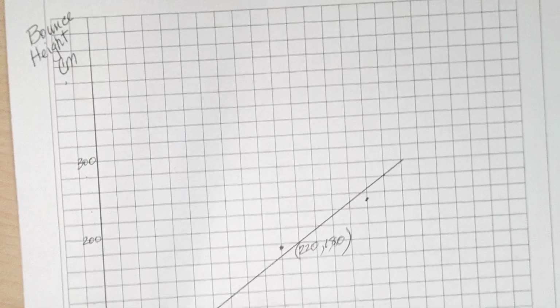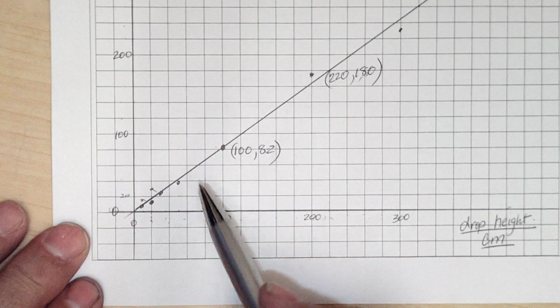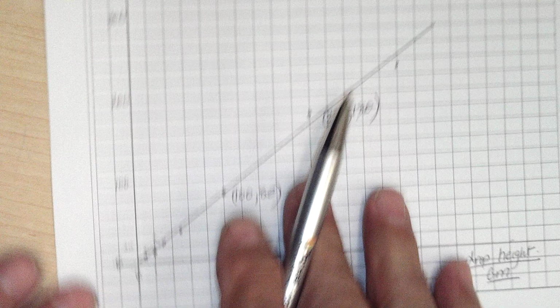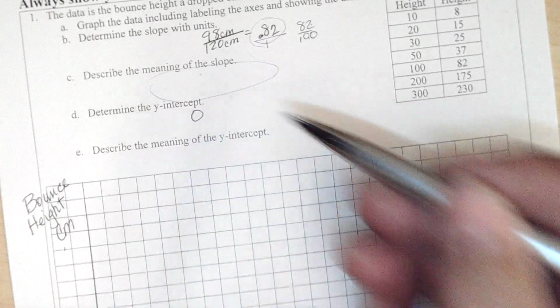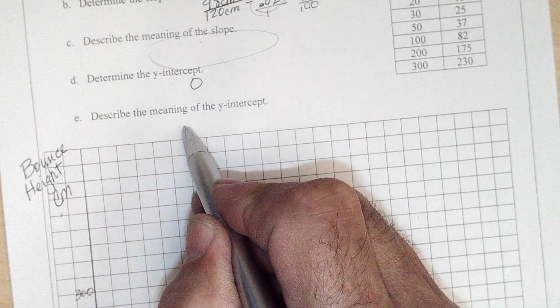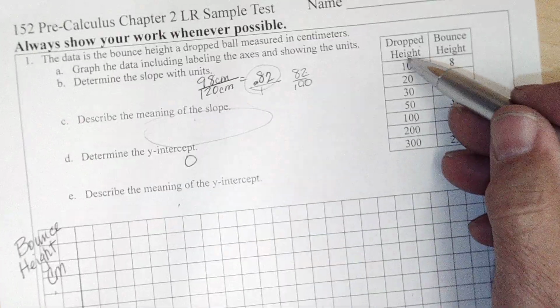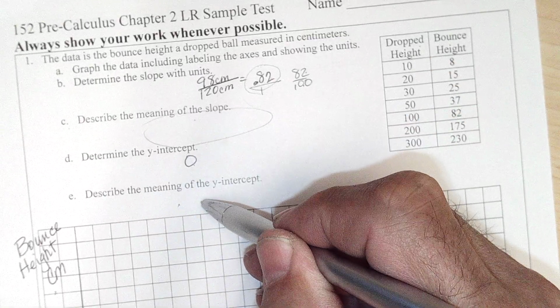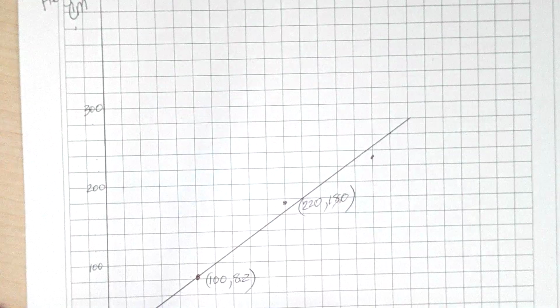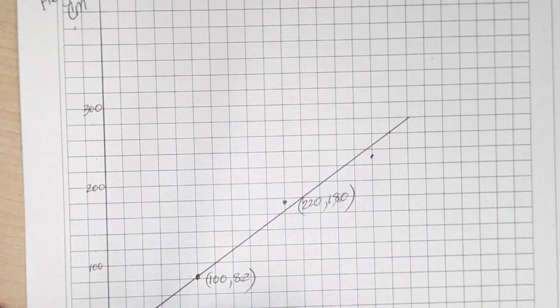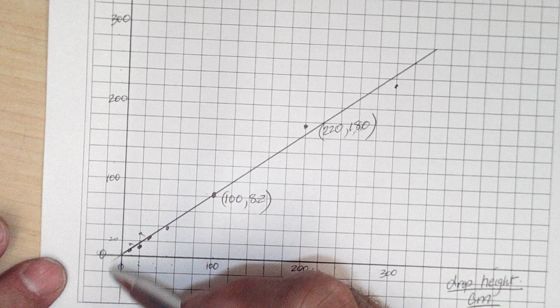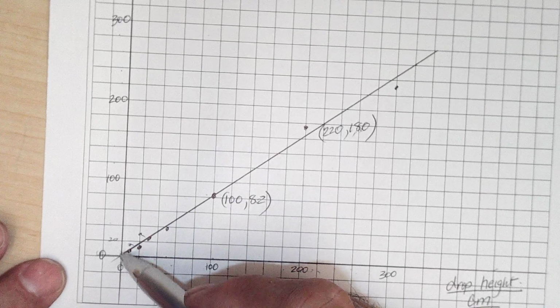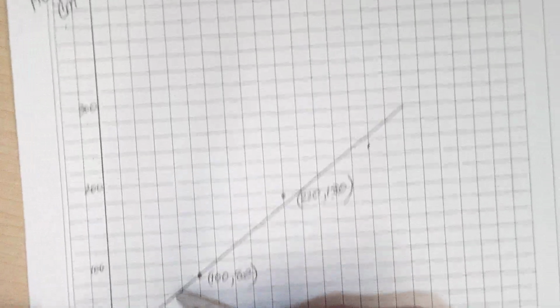Now the y-intercept on this one, just looking at the graph, looks like it's 0. And its meaning is if I drop it from a height of 0, I get 0 bounce. Now, you may have gotten something a little off from 0. You might have said it was 1 or minus 3 or plus 3 or something down here, if you read it a little differently or made your line a little differently.